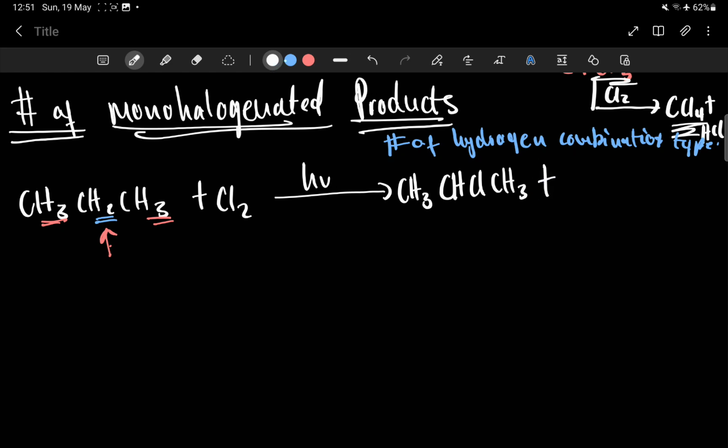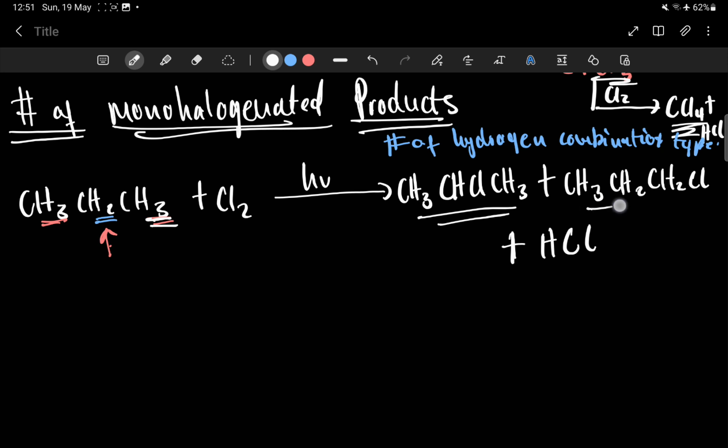The other one goes on the CH3, so you have CH3, CH2, CH2Cl. One of the hydrogens goes and the chlorine comes, and at the end we release HCl. These are the 2 products, product number 1 and product number 2. We can form 2 products because we have 2 types of hydrogen.